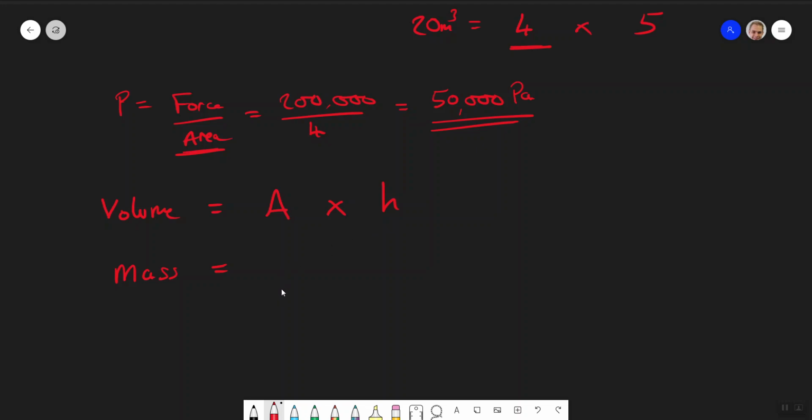So we had area times height times density, that weird little rho symbol. We then wanted the weight, which is the mass times gravity. So if we go there, we get the area times the height times the density times the strength of gravity. Wonderful.